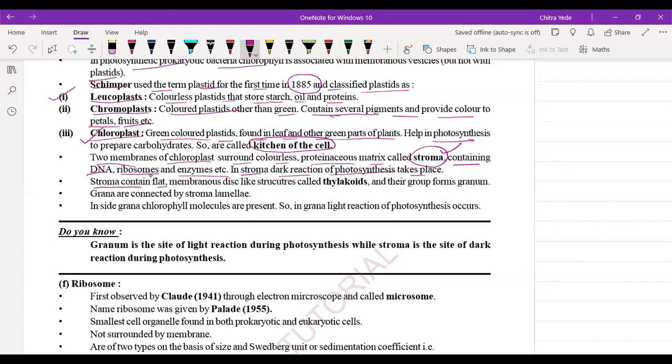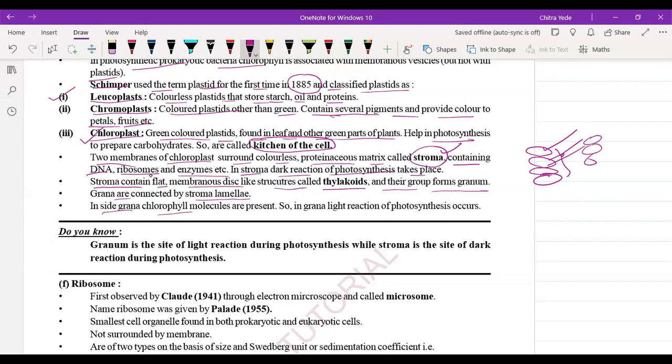The stroma contains flat, membranous, disc-like structures called thylakoids, as we saw in the picture. A single one is called a thylakoid, and a group of them forms the granum. The grana are connected with each other by the stroma lamellae.